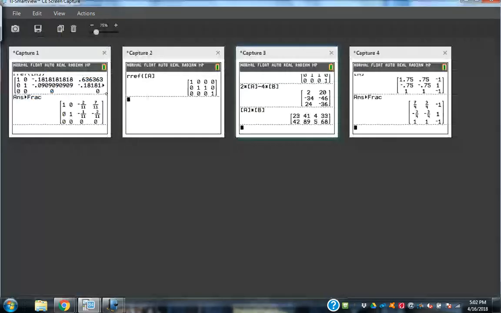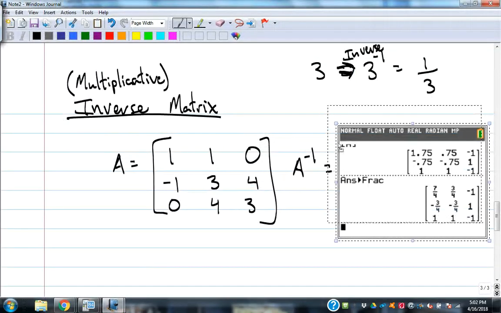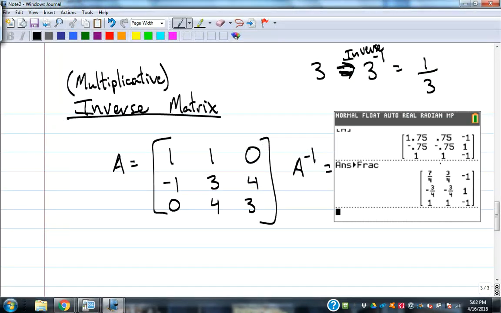So there's our inverse. I'm going to copy that to my notes. That guy right there is my inverse matrix.